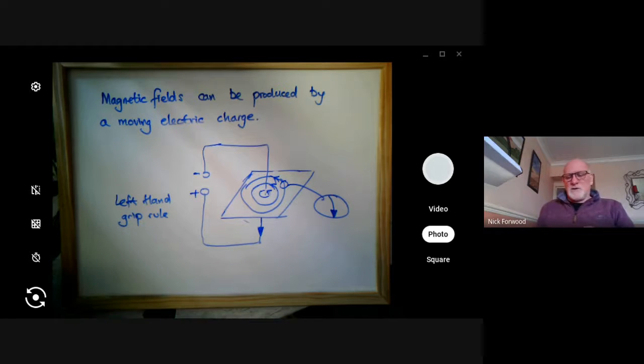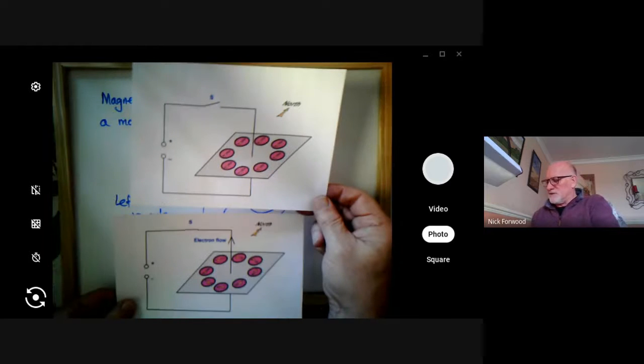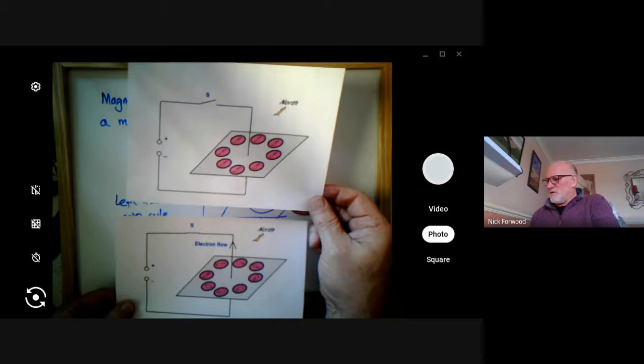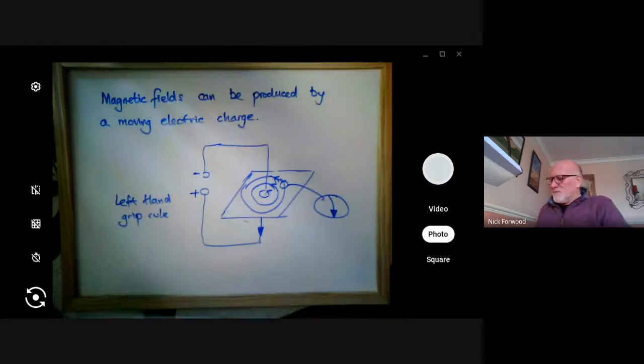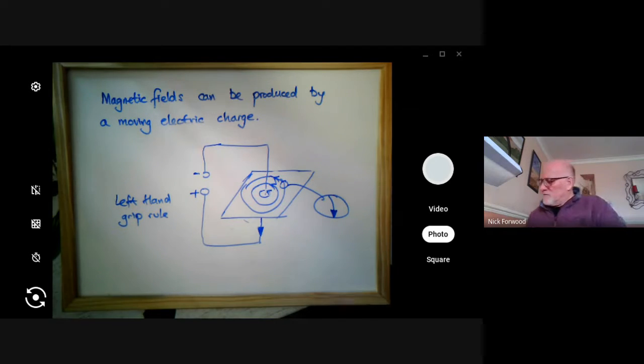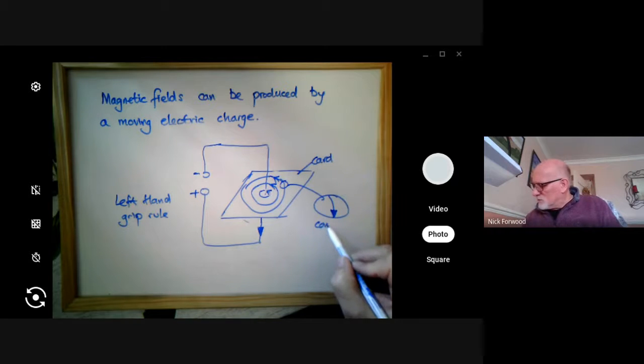So if you've got these and you fancy printing them out and sticking them in, do so. If you can't or won't, then as long as you've got the idea of this and you've got it labeled up, that's the card. And this is a small compass needle.